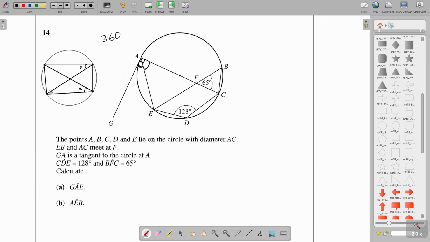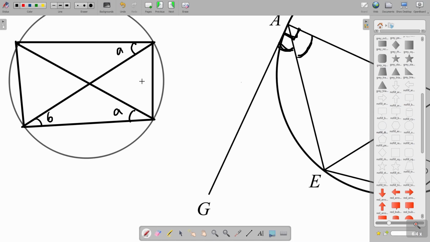This will be B, and then this line also makes this angle, and this will also be B. Now we also have this line, and this line makes this angle. Let's call this one C, and this line also makes this angle, so let's call this one C as well. And then the same, this will be D, and this will be D. Okay, so far so good.